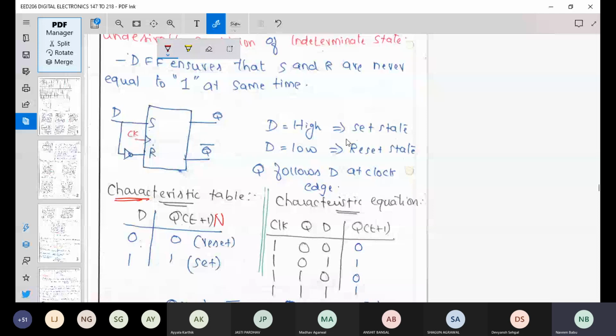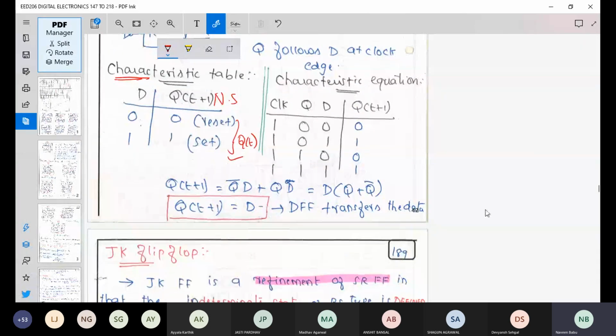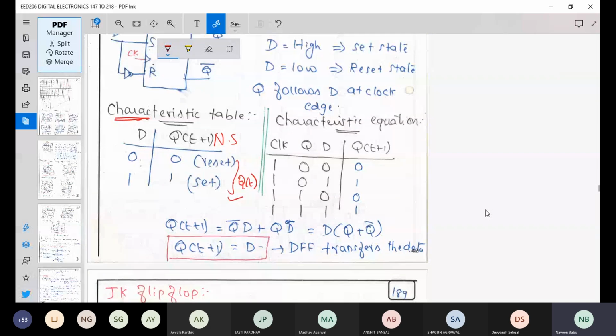But in the case of a D flip-flop, your next state is independent of your present state. So we created a state table here, and from the state table, we created the Boolean expression, and you will see in the Boolean expression again that your next state is not dependent on your present state Q of t. So till this we saw in the last class.